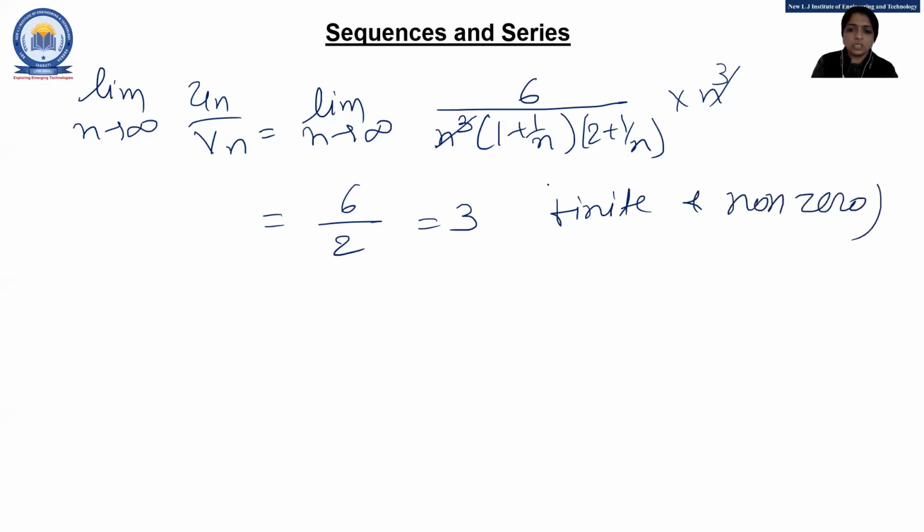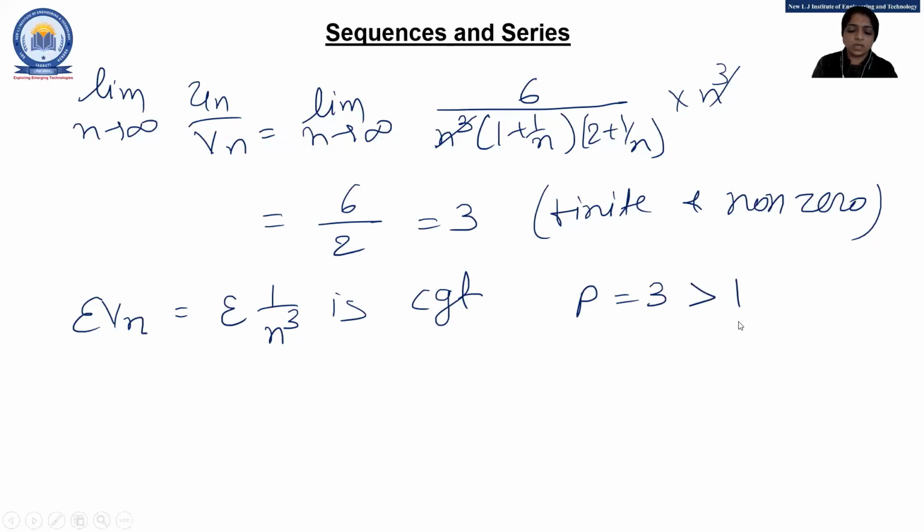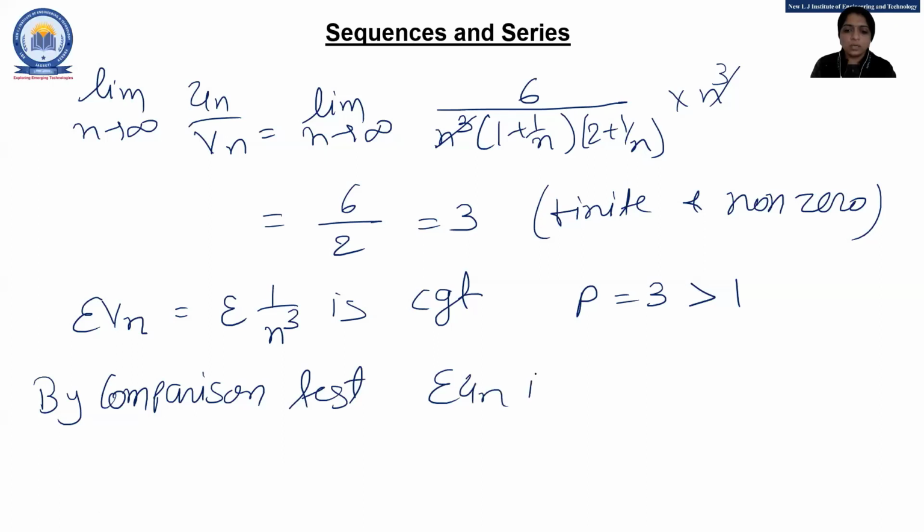Therefore, summation Vn equal to summation 1 upon n cube is convergent as per the rule, because here p is 3, which is greater than 1. So by comparison test, summation Un is also convergent.